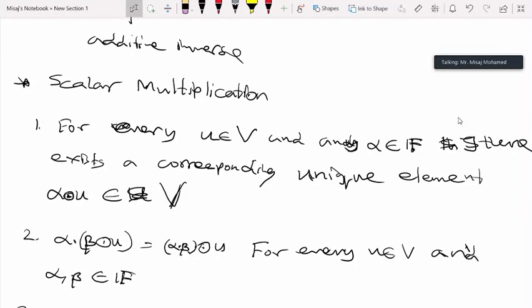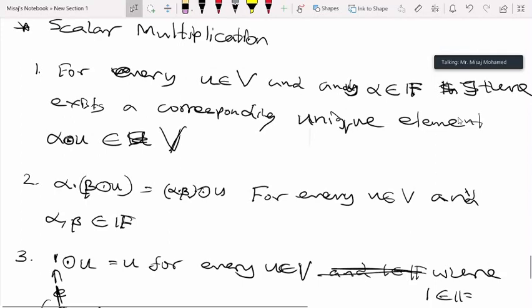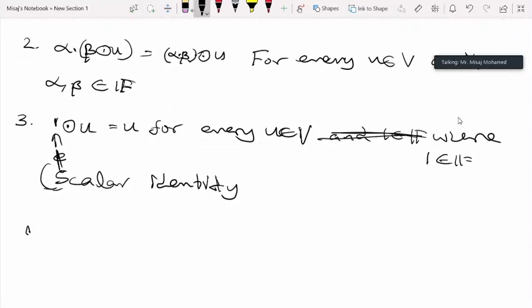So now next is the distributive law. Right. Distributive law.